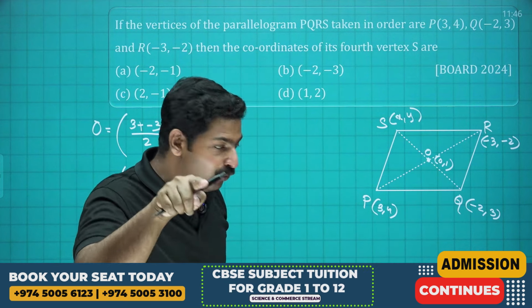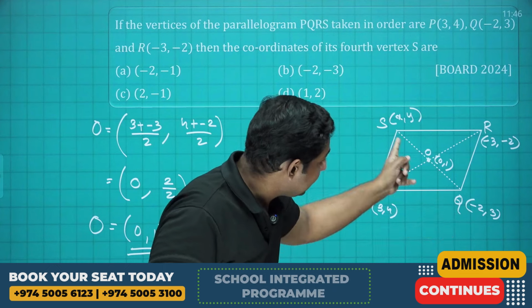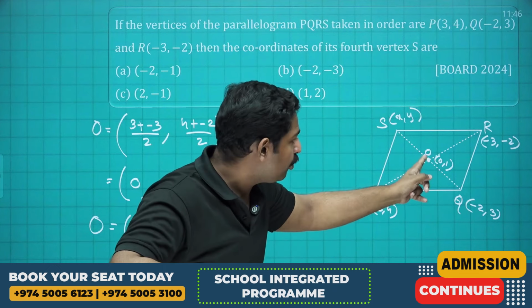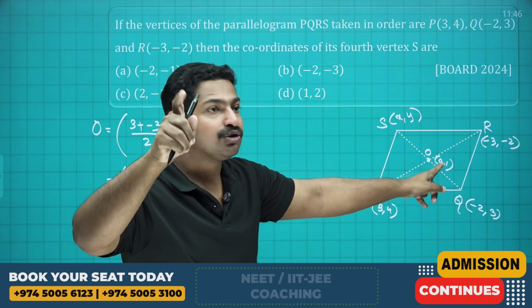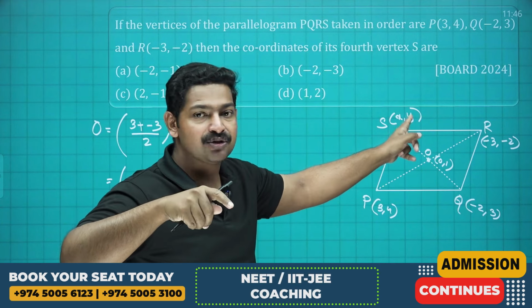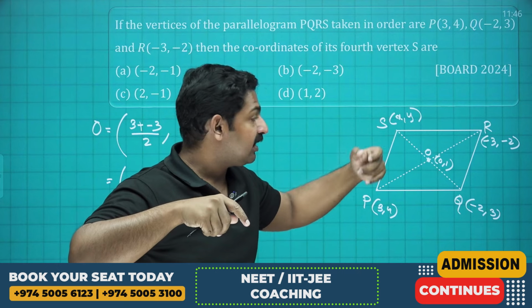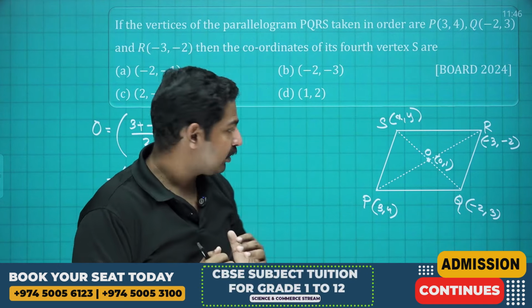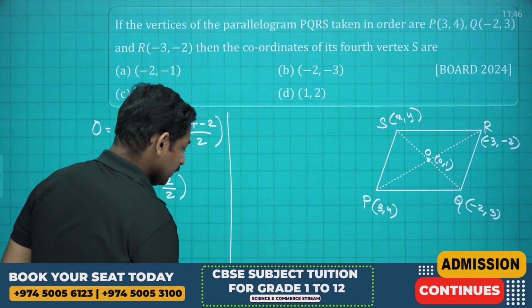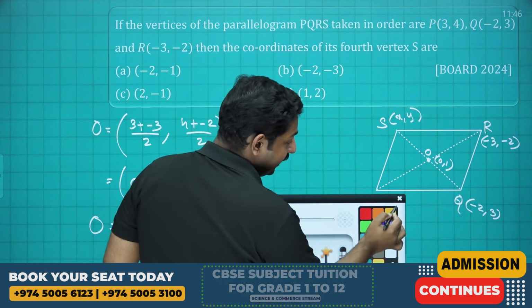Correct? Now if you take the next diagonal SQ, in that case also O is the midpoint. We got the midpoint, so by using that we can find out the fourth vertex of the parallelogram, that is (x, y).